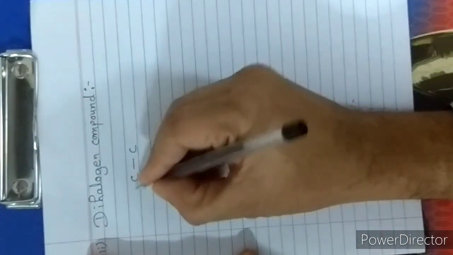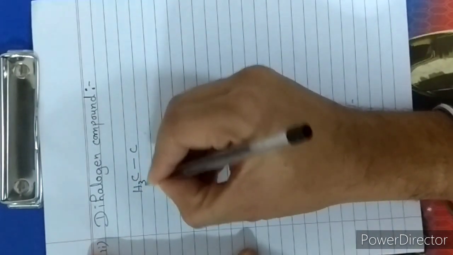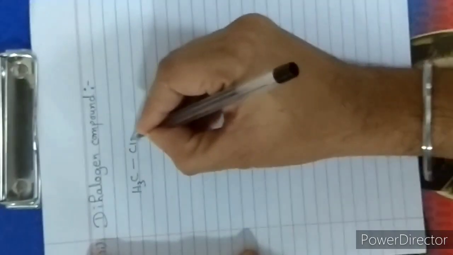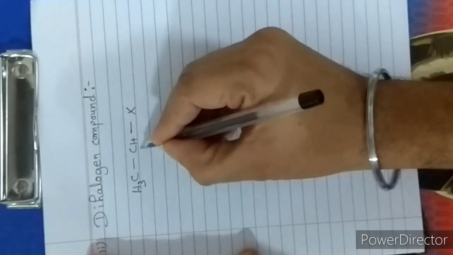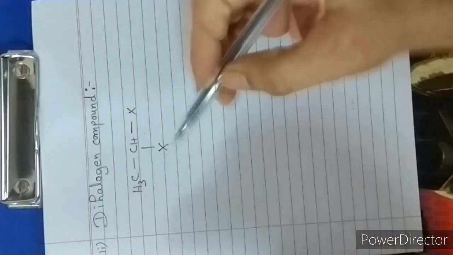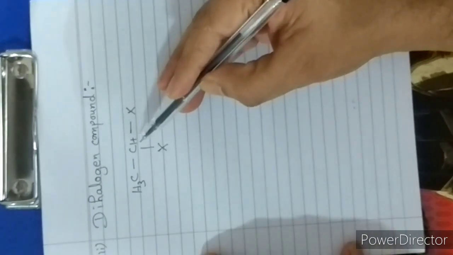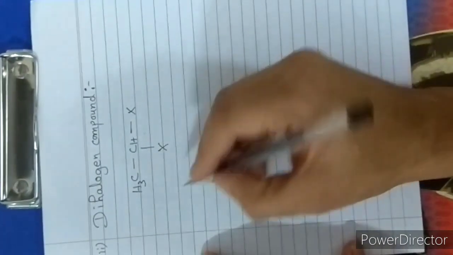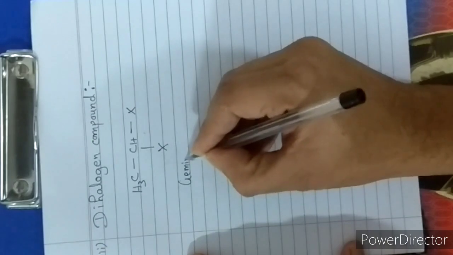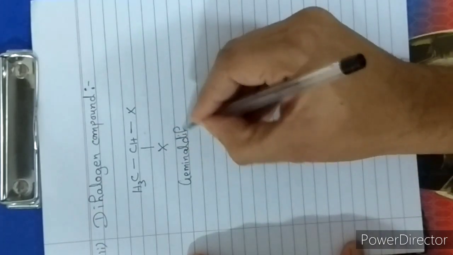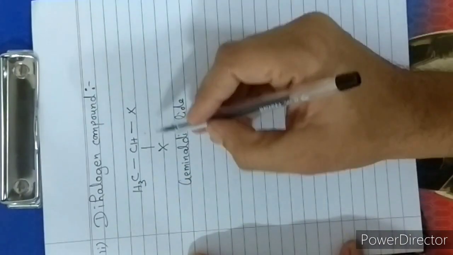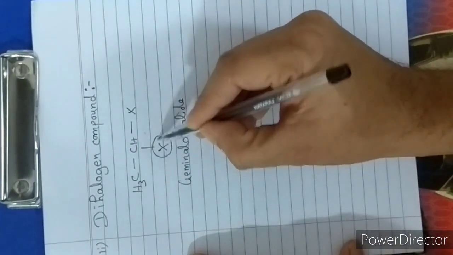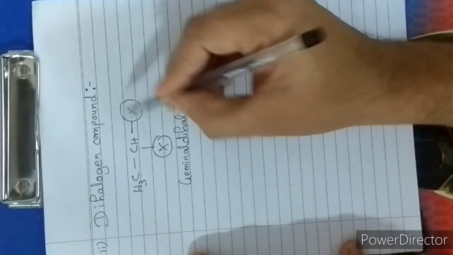Now here first I balance the valency by putting hydrogen, CH. Now both the halogens I am attaching to the same carbon. You can see here both the halogens are attached to the same carbon. Then it is called geminal dihalide. So why this classification? Because I am attaching two halogens and both are attached on the same carbon.